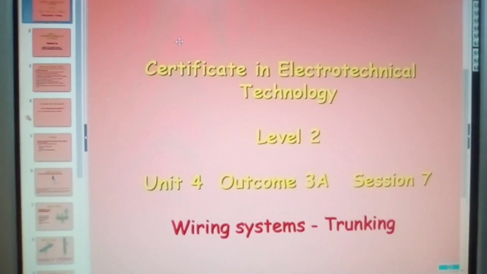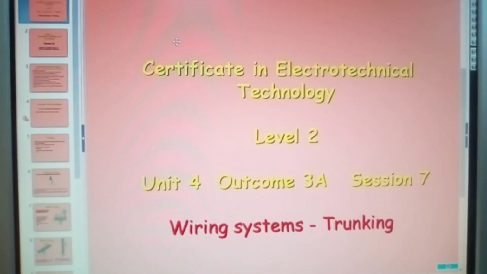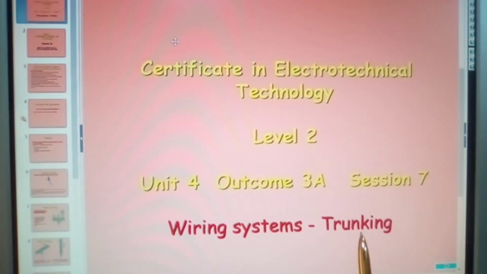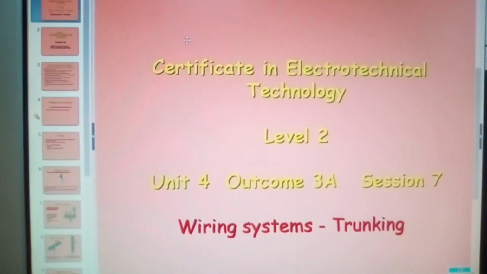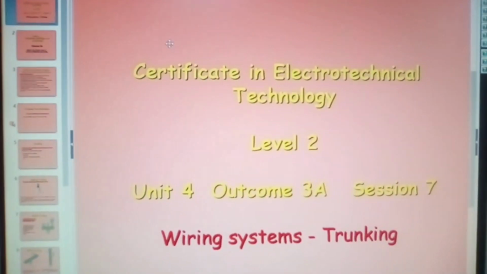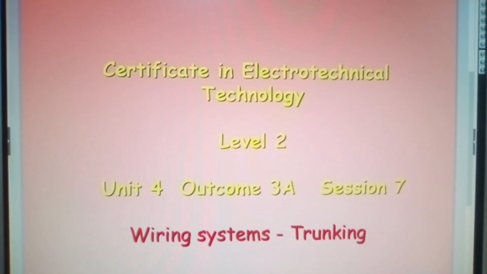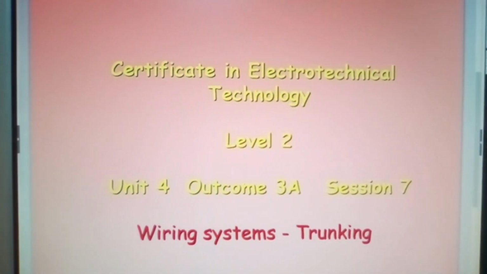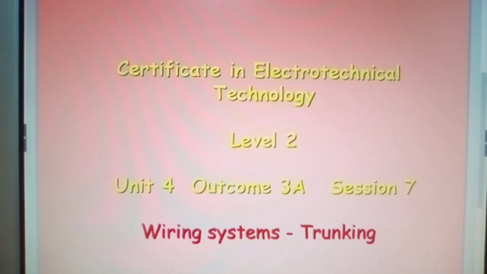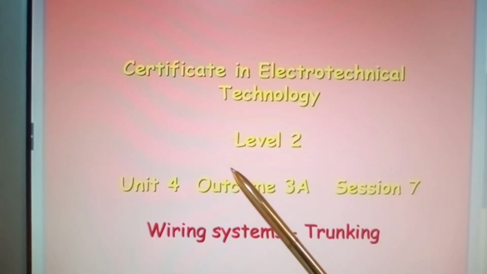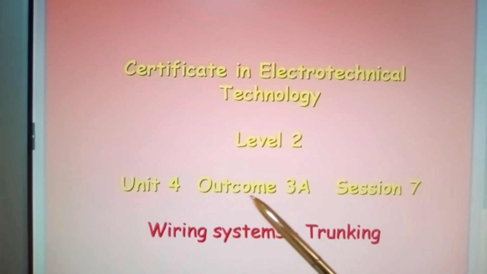Okay, welcome back. What we want to continue with is again wiring systems, and we're looking at wiring systems in trunking. Now again bear in mind that the technology is still relevant irrespective of what units you might be referring to.